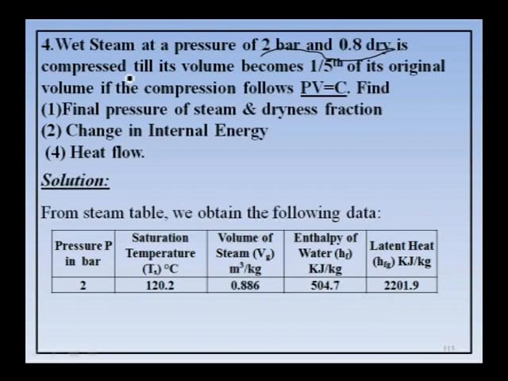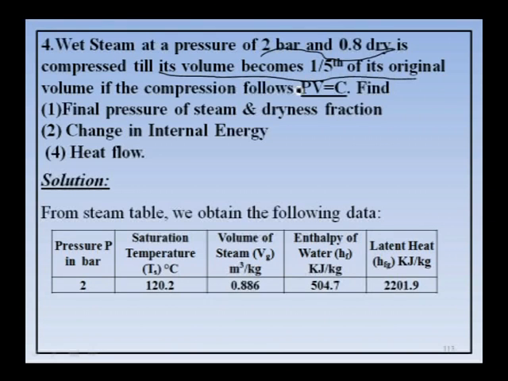Next, it is compressed till its volume becomes, this point is important, 1/5 of its original volume. That means the final volume is equal to 1/5 of initial volume. Original means initial volume, that is V2 is equal to 1/5 of V1, right.